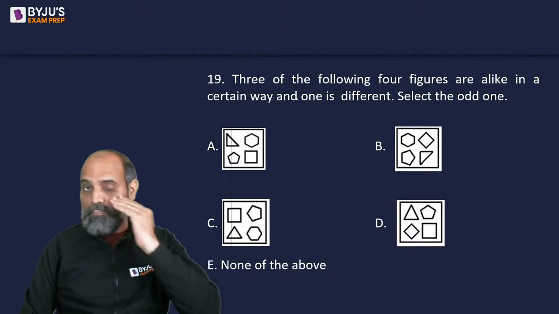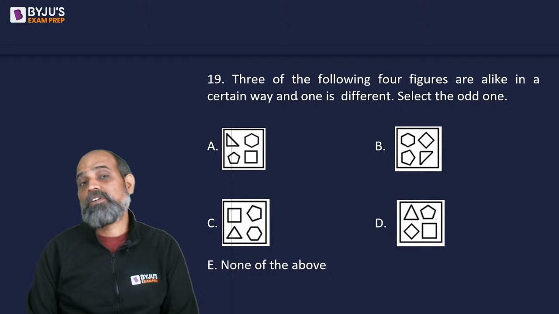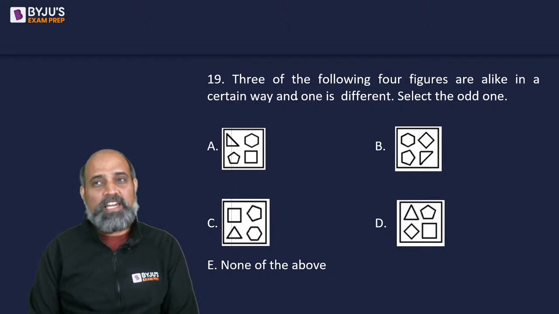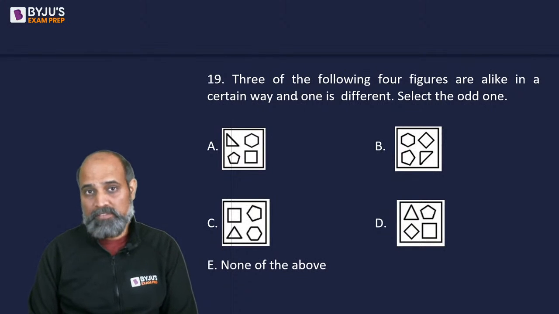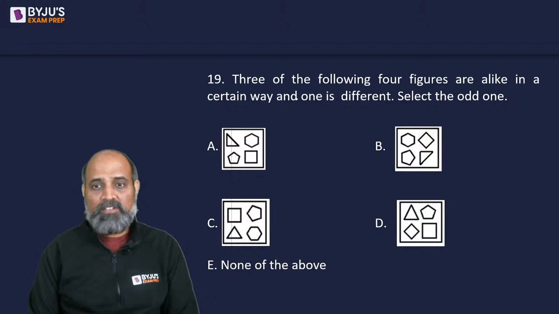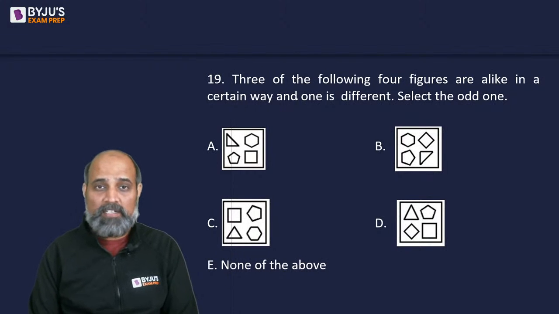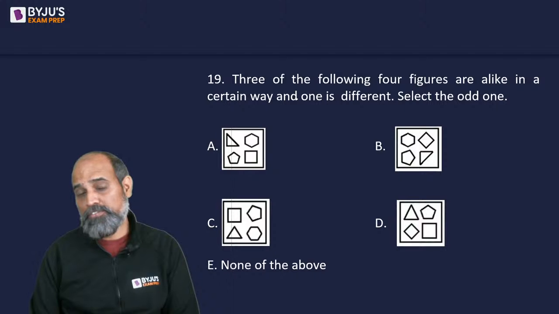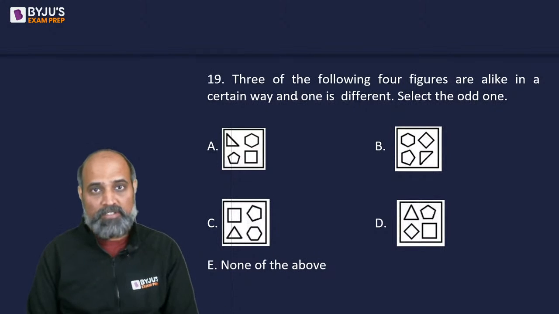The problem with odd one out, guys, is that maybe your logic will be correct and the answer will be wrong, but the logic has to be something universally accepted. You can't say that one triangle is pointing or is a 90 degree triangle while the other is an equilateral triangle. That itself is not good enough. It should be more concrete. It should have more weightage when you say this is the logic.